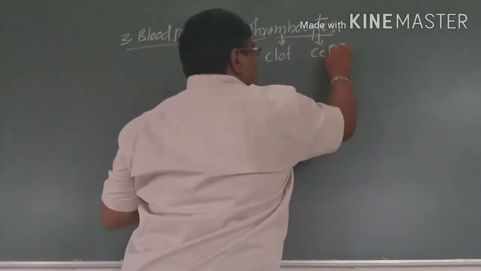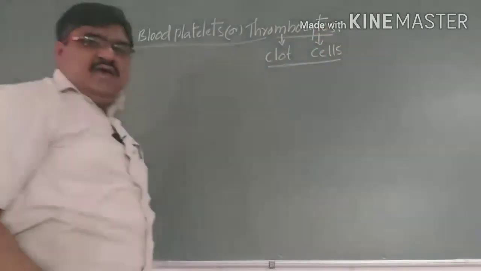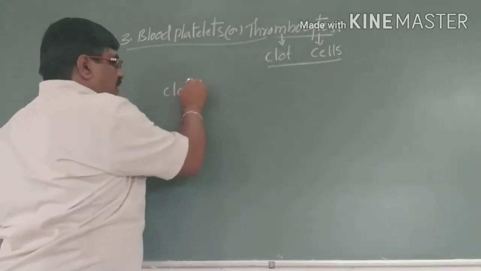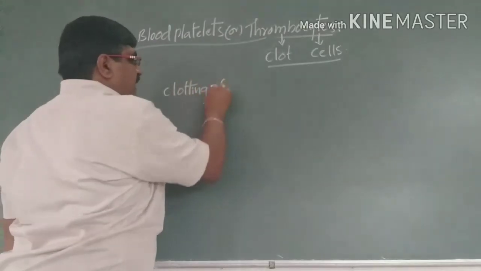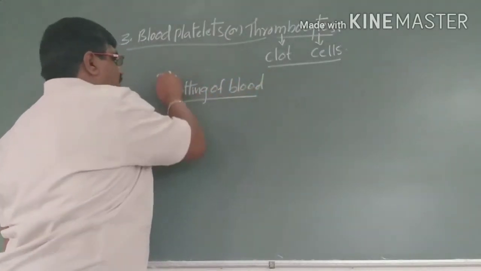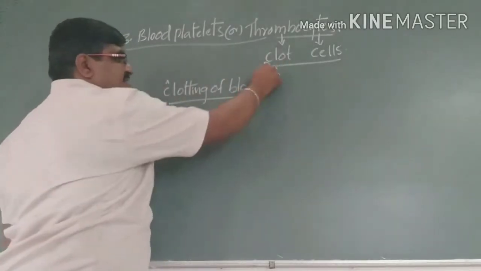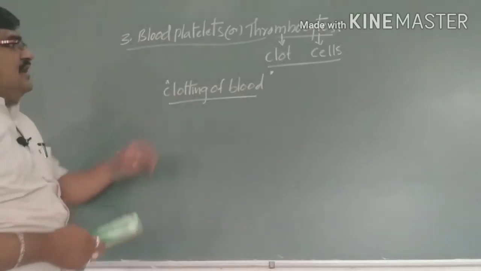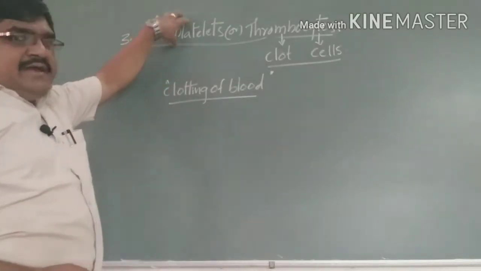The cells that are helpful for the clotting of the blood are called thrombocytes, also called blood platelets.